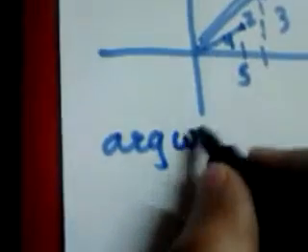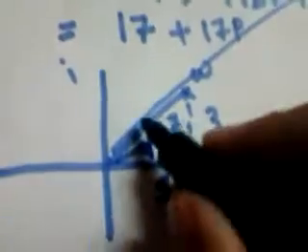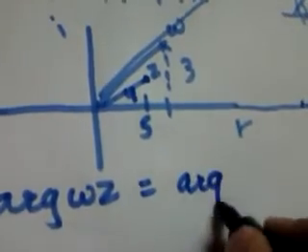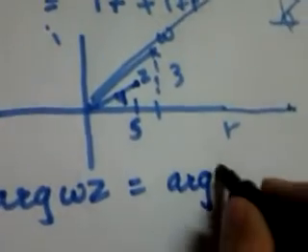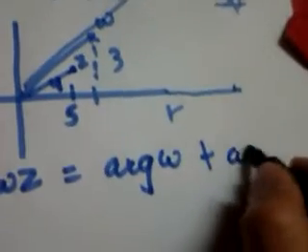That is to say, the angle made by wz and the horizontal axis is going to be equal to the argument of w plus the argument of z.